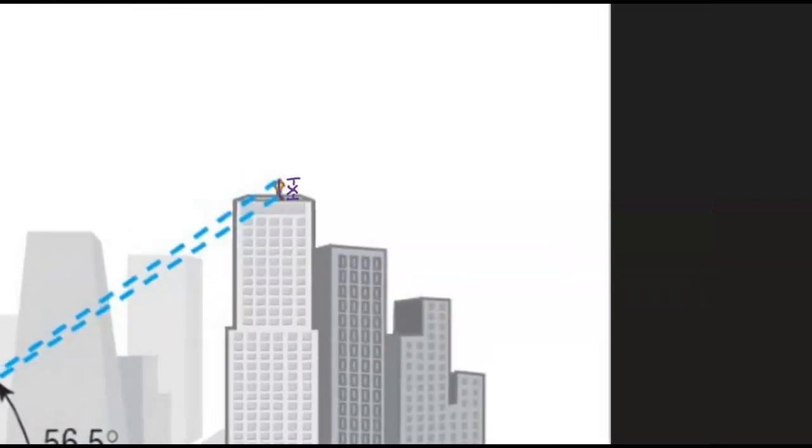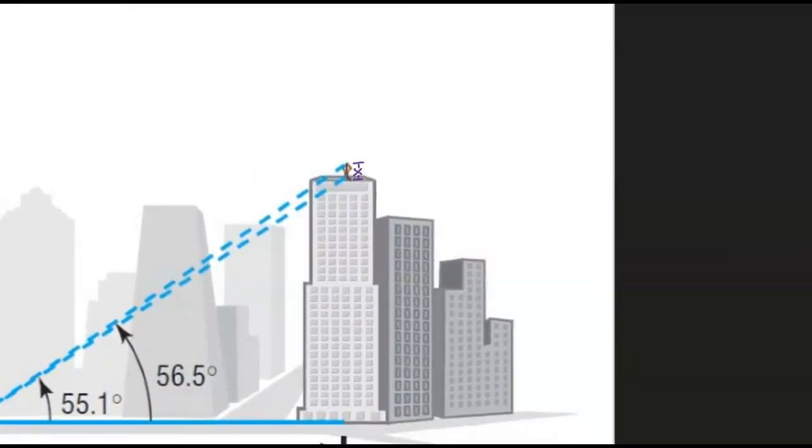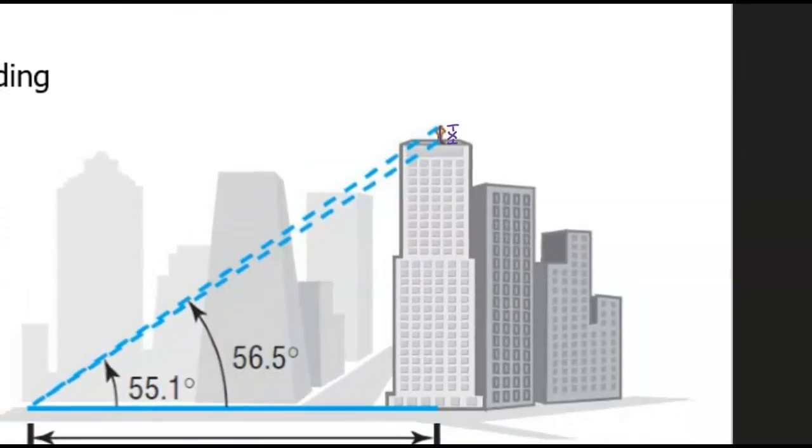Now, obviously, this side, this x, is part of a triangle with the two dotted lines being the other two sides of the triangle. However, that triangle there, that slim little triangle, is not a right triangle. So we can't use trig here to solve for x.